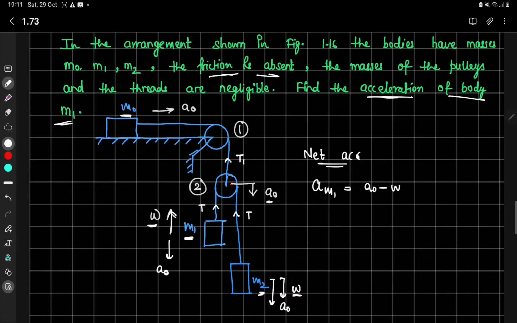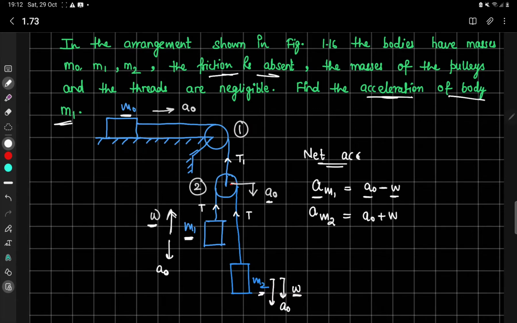And as the pulley is moving with the acceleration of a0, we will have the net acceleration of m1 as a0 minus w, because both accelerations are in the opposite direction. While if we talk about the acceleration of mass m2, it would be a0 plus w.